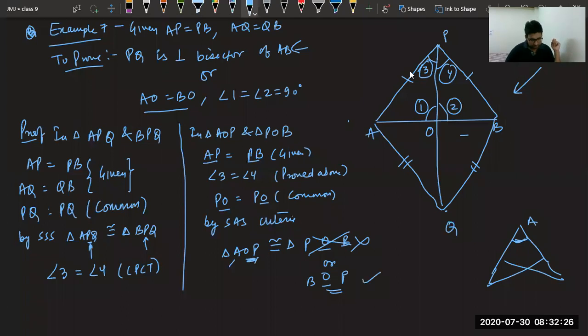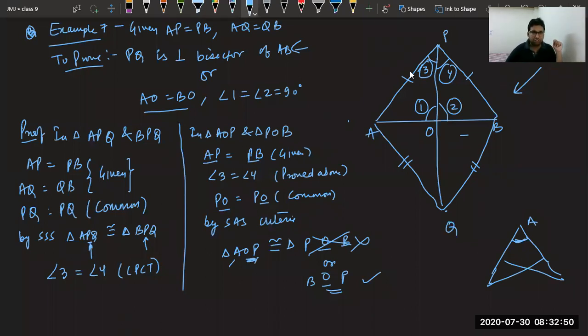This is correct. Ansh, Ajmani, Vaishnav, POB, please check again. BOP is the correct answer, not POB. That is why I always show you the process. Always check both possibilities. Okay? Now we have got the correct answer.